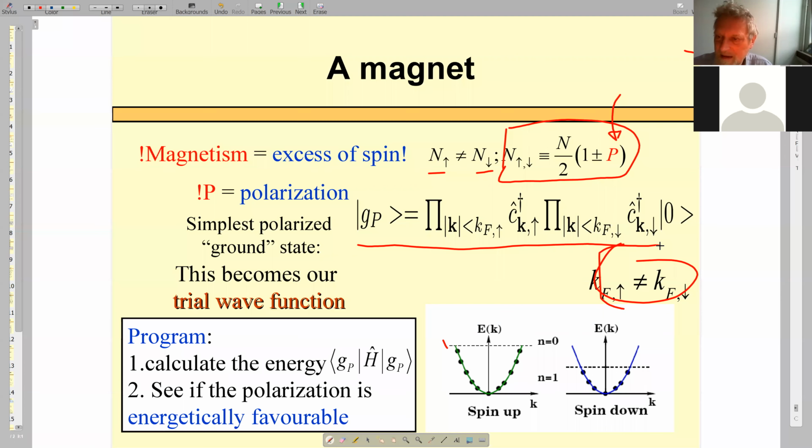Well, I didn't do anything complex. I just created all electrons with spin down, filling all the states within the corresponding Fermi sphere. And then I created all electrons with spin up. So I get a number state.